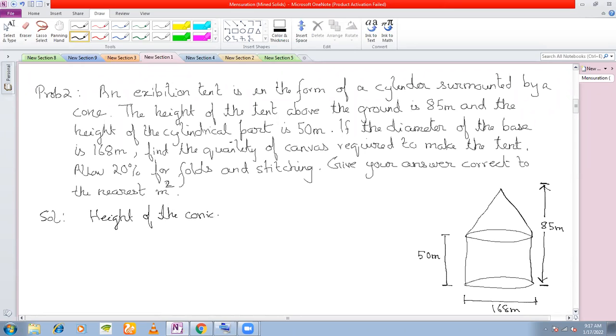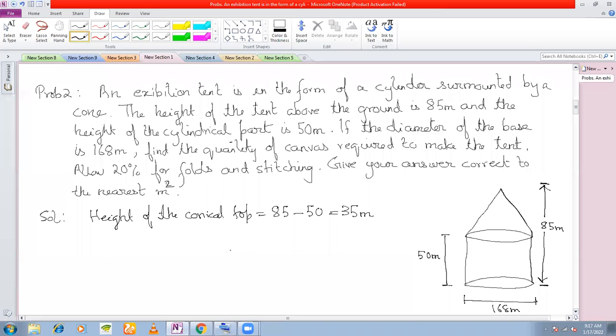Height of the conical top is total height 85 minus height of the cylindrical part, right? So this is 35 meters. This is the height of the conical top.